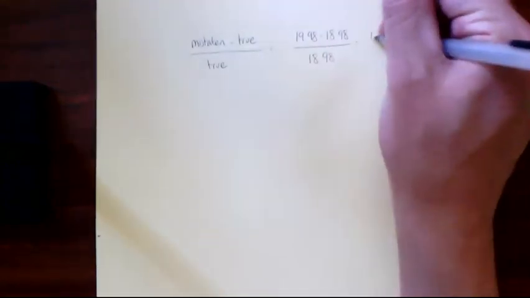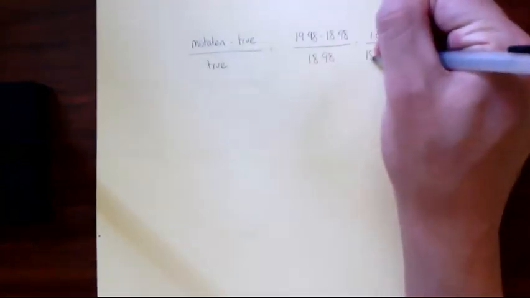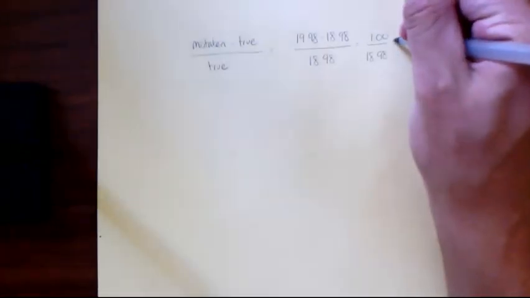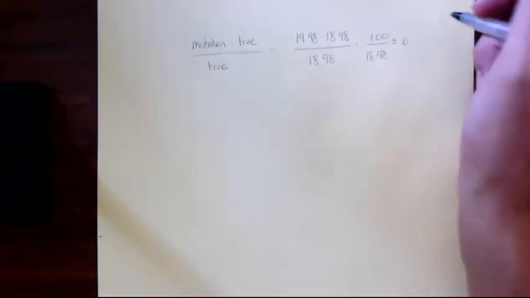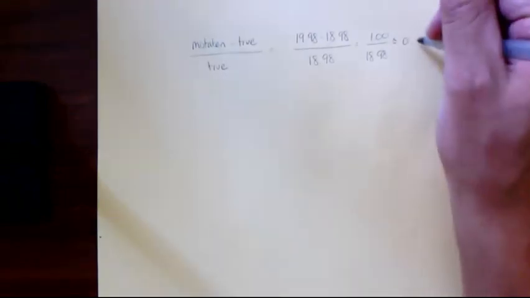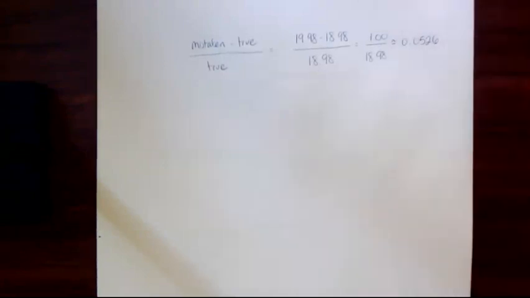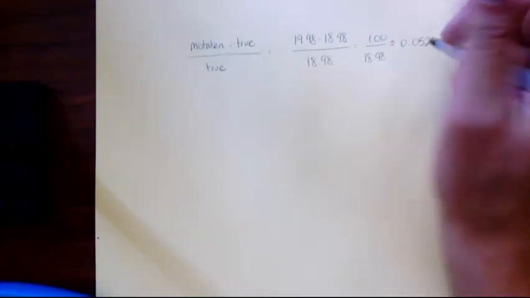So we get $1 over $18.98. I get 0.0526 and so on and so forth. Remember, we want to express this as a percentage, so we're going to multiply that by 100.